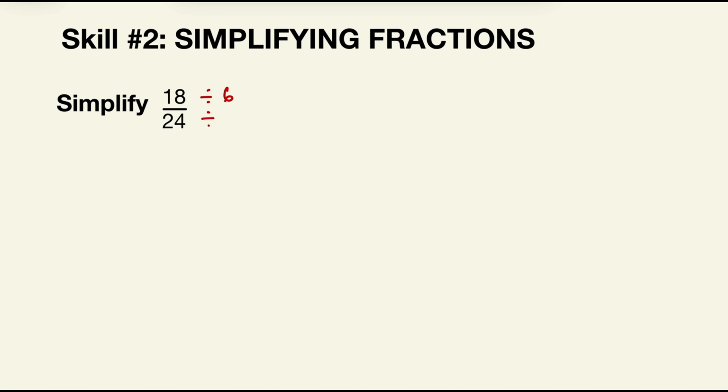And 18 divided by 6 is 3. And 24 divided by 6 is 4. So the final answer is 3/4. Now, why it matters, fractions appear throughout algebra. Now let's move on to skill number 3.